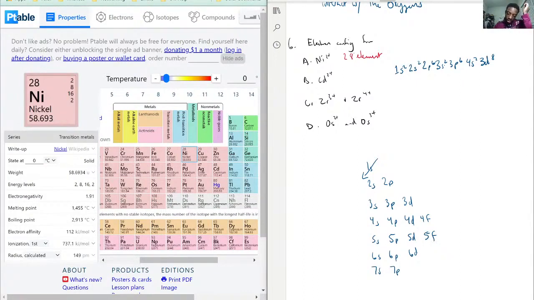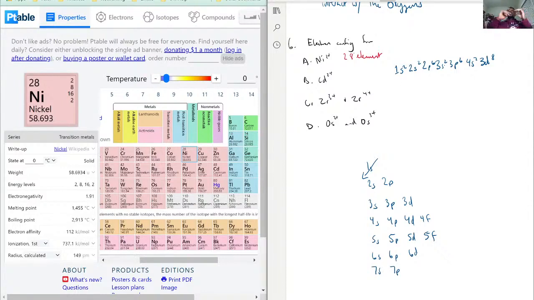With this being said, we have to make sure that we actually have the right element here. So we're going to add up all the superscripts. 2 plus 2 plus 6, that's 10, 12, and 18, and then plus 2, that's 20, and then 3d8, that's 28. Which does match nickel.